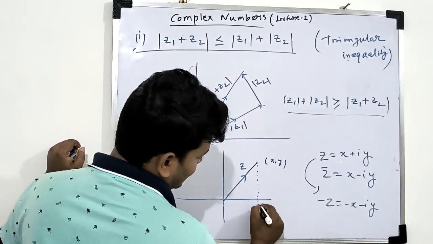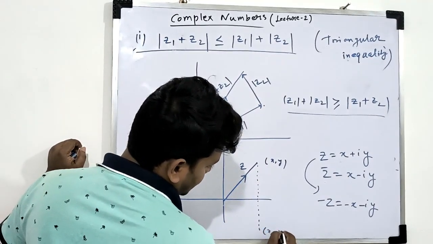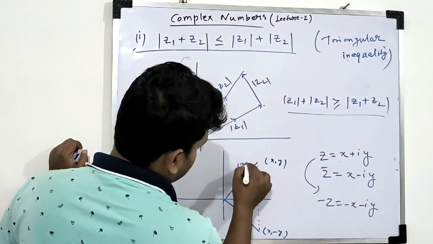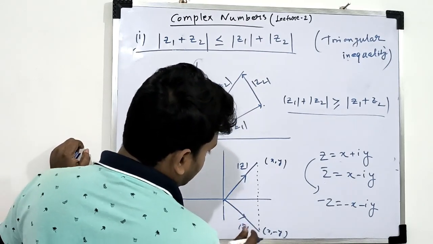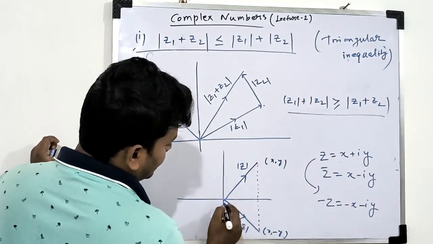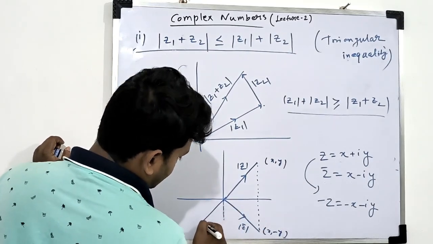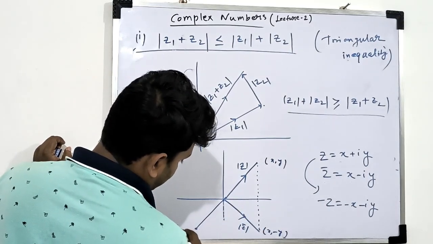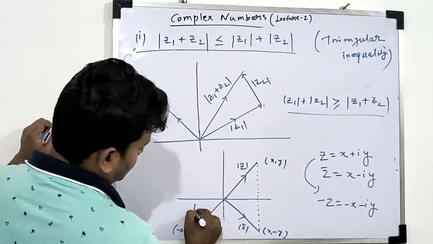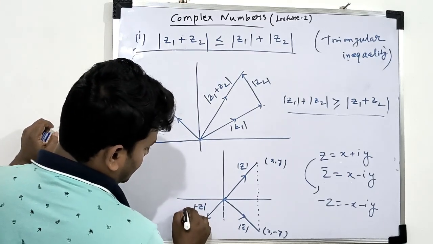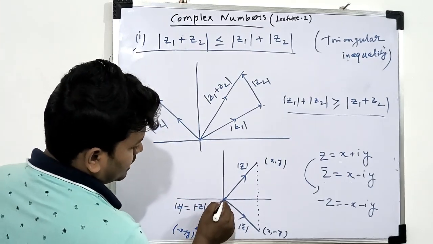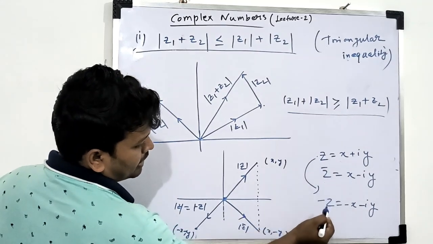So this is x and this is minus y. This will be the length mod z and mod z bar, and the negative value, minus x minus iy, is exactly opposite here. So this is the graphical representation of z bar and minus z.